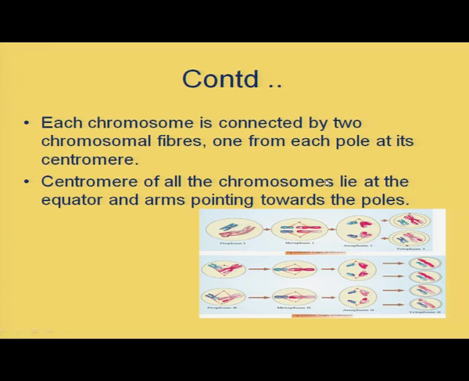Centromeres of all the chromosomes lie at the equator, the center of the cell, and the arms are pointing towards the poles. Centromere is seen towards the center or equator. This is the arrangement of chromosomes here.